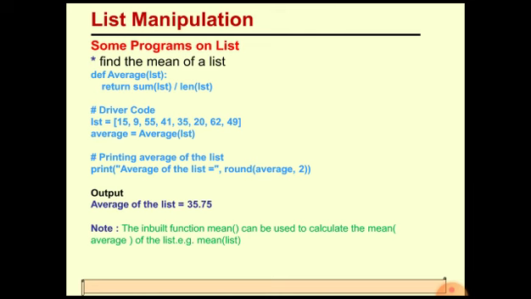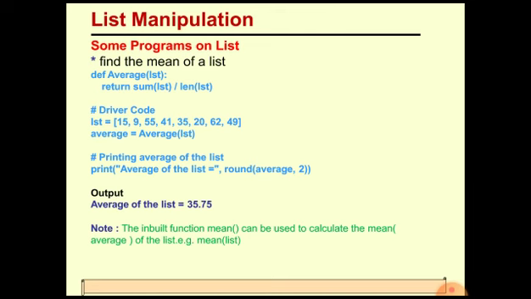You should also note one thing: there is also a mean function. You don't need to define an average function, which is a user defined function, for finding the mean of a list. Here I wanted to explain to you how you can use a user defined function in your program. That is why I have created a user defined average function here. But it is not necessary to create an average function by yourself.